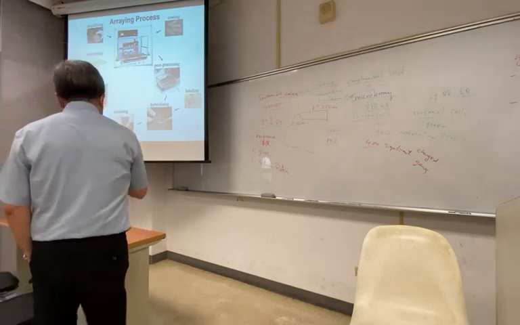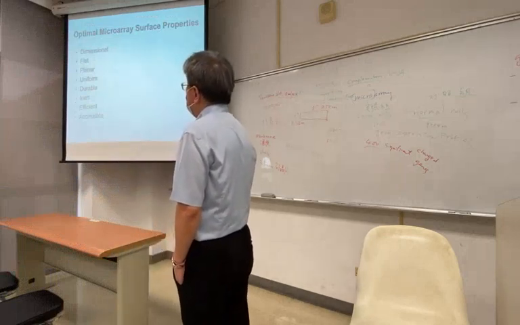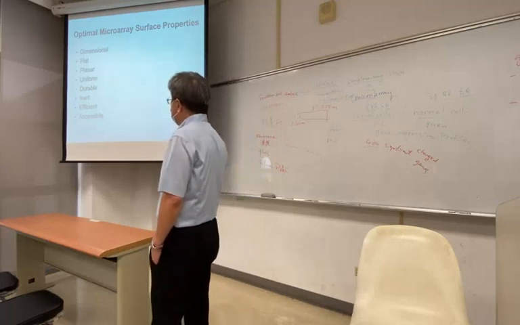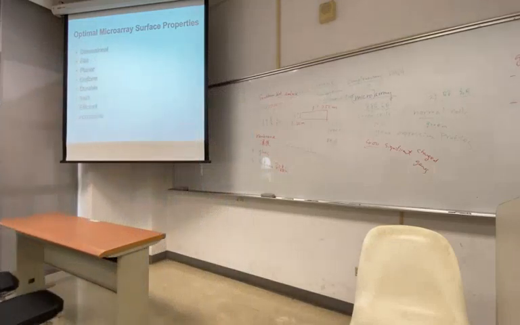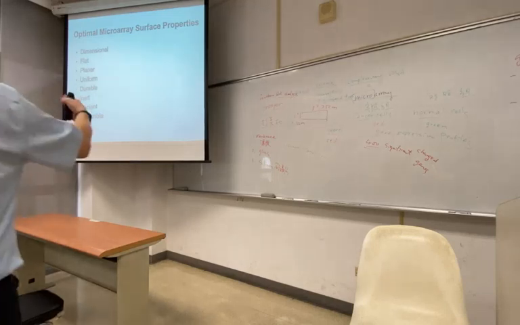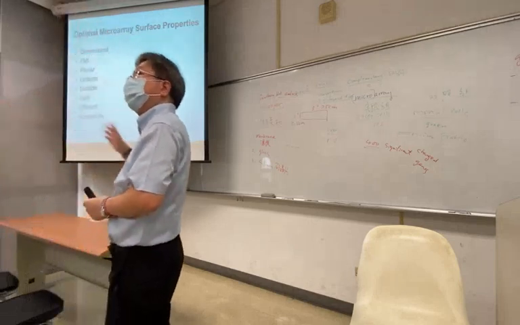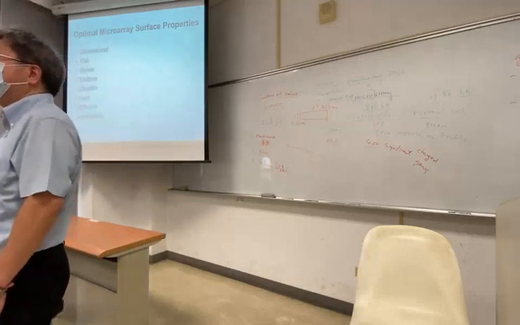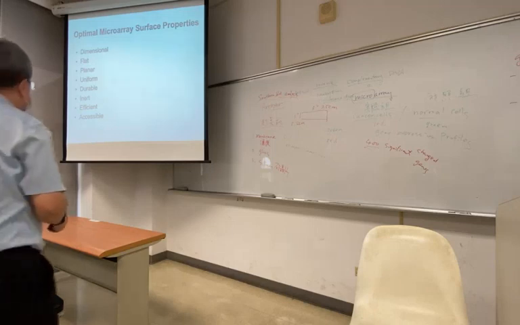Okay? And then of course, you want to make sure the binding is very efficient, and that it's accessible. This is how the textbook lists all the parameters. If you want to find something new, then you have to consider all this. Of course, over the past 20 years, pretty much everything is done. So nowadays, you just buy something directly. You don't worry about all these different factors. Okay?